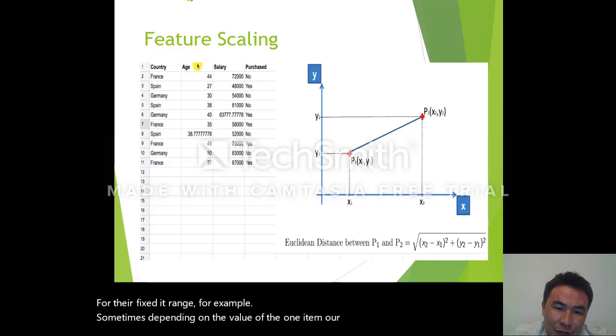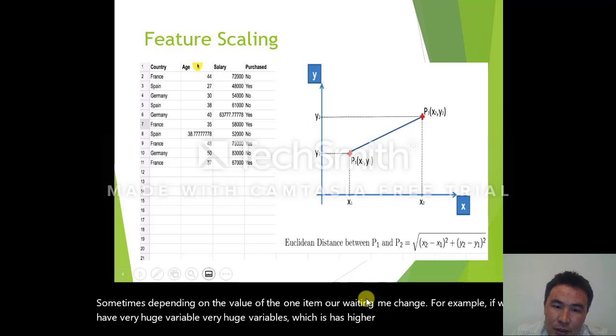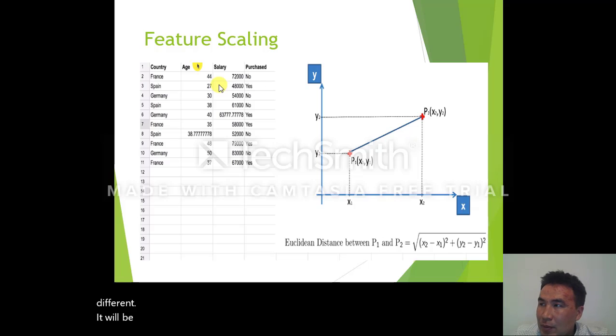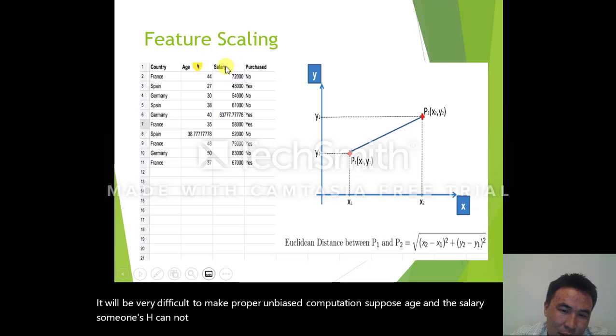For example, if we have a very huge variable which has higher weight, or their scales are different, it will be very difficult to make a proper, unbiased computation. Suppose age and salary. Someone's age cannot be in thousands, it's impossible. Salary will be in thousands.